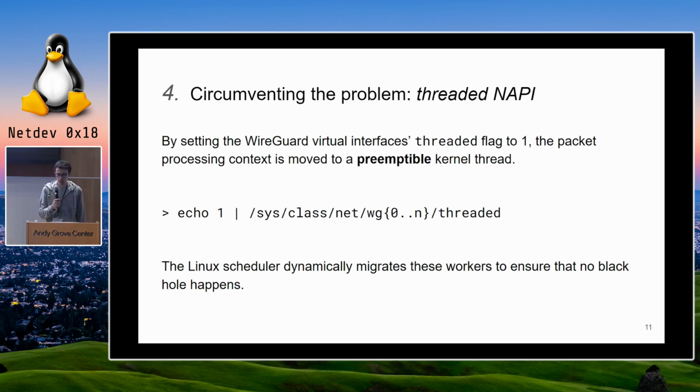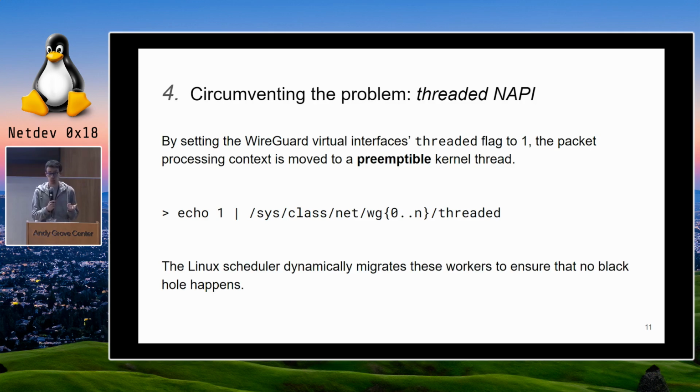So NAPI allows this alternative operating mode, which is called threaded NAPI, which you can just freely enable on any device just by writing to the associated sysfs node. And whenever you enable threaded NAPI for a device, what happens is that the polling context is moved from the high priority network software queue to a dedicated kernel thread.